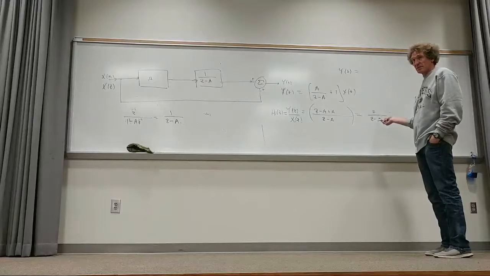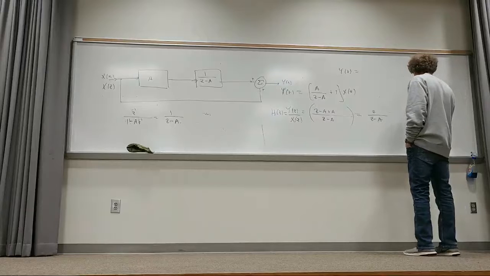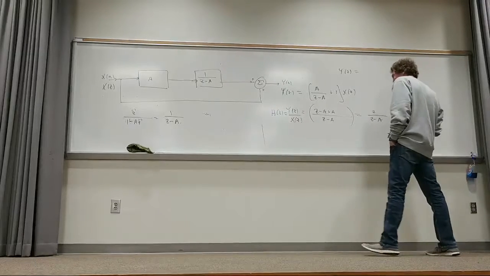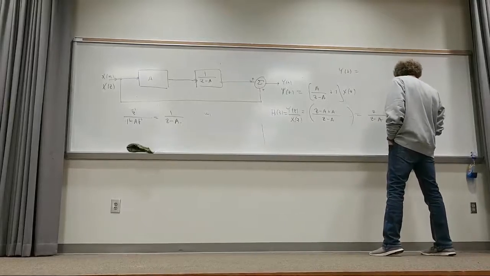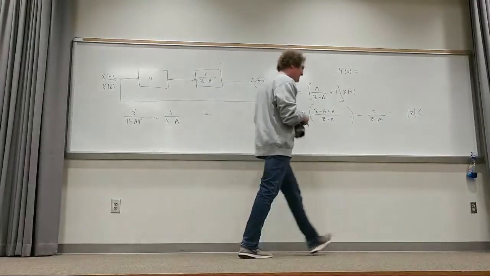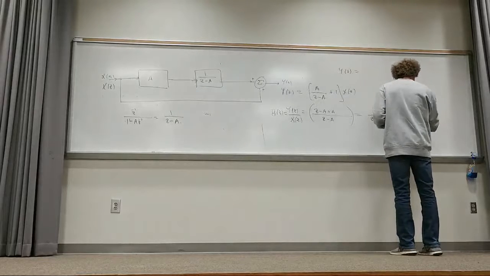And that meant the poles had to be less than 1. Do you agree with this, class? The magnitude of a had to be less than 1, and I'll show you what I mean by this.